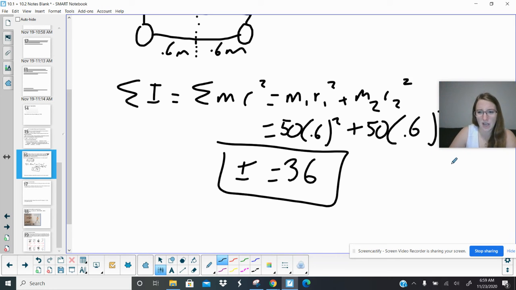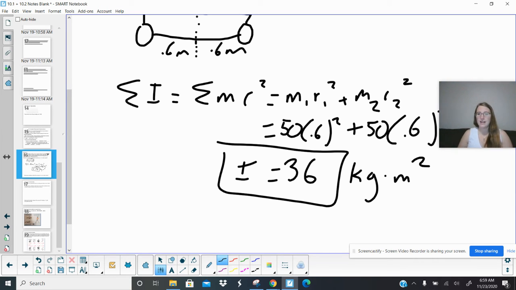Now, something I kind of left off, I'm going to go ahead and add units here. If you guys are ever unsure what a unit is, it's based on what we're multiplying. So since inertia is mass times radius squared, the units are the units for those things. Mass is kilograms, and the radius is measured in meters, but it's the radius squared, so it's meters squared.